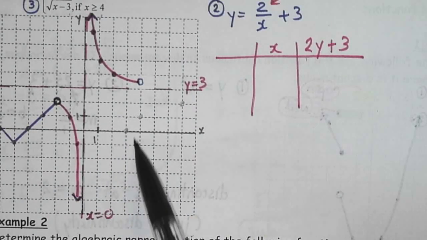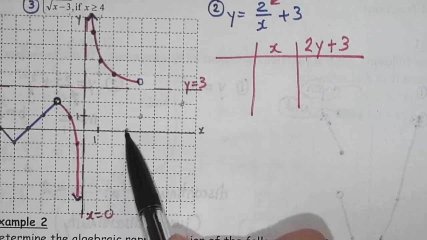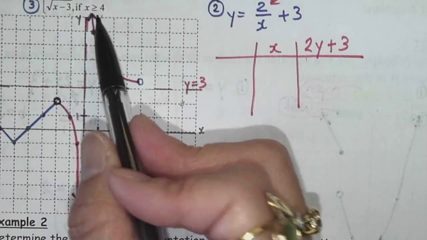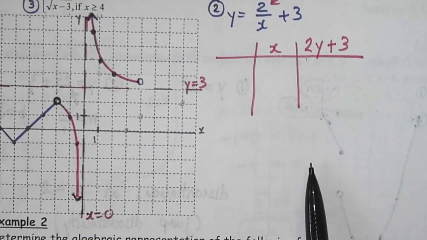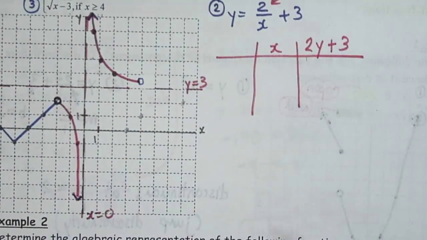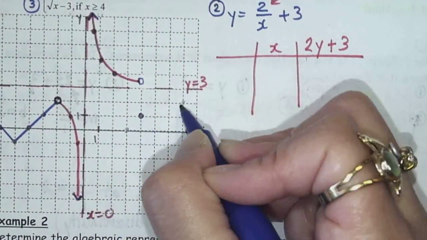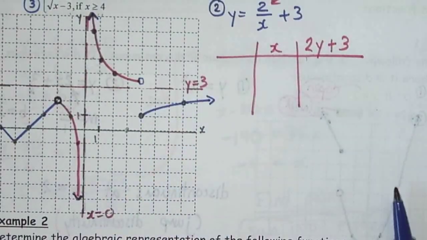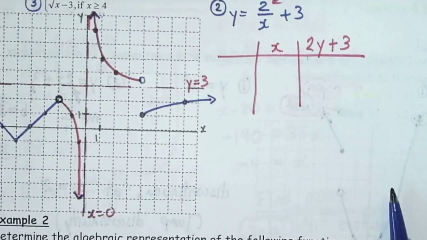So remember, vertical line test, I can't overlap. So I don't want that dot. I would do a solid dot here at the 4 and then head to the right. Like that. And erase this dot there.